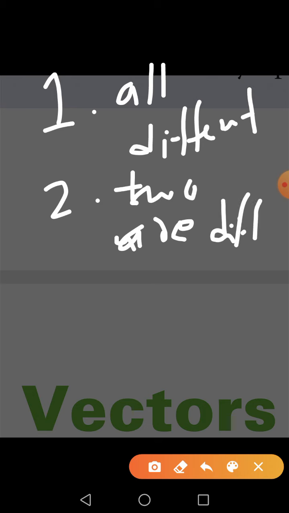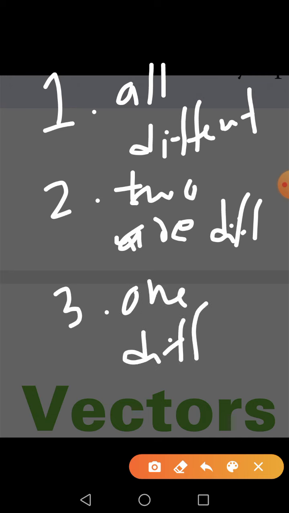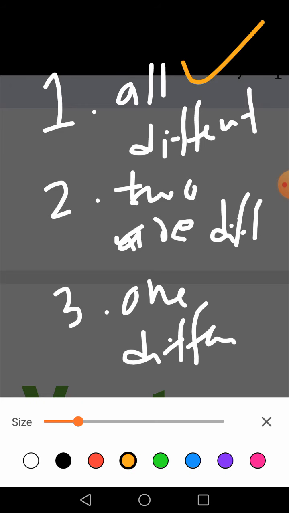I'm talking about 3 dimensions. Either all coordinates are different, or two coordinates are different but one coordinate is the same.